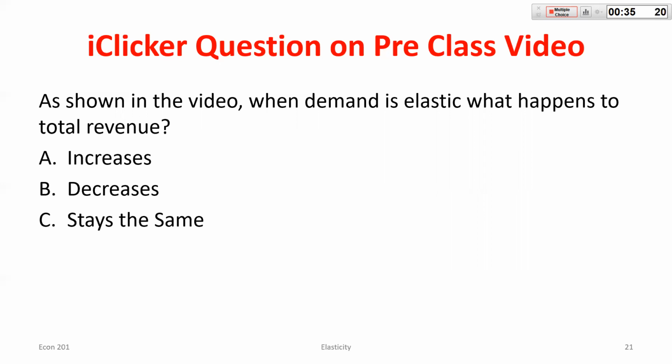But when I lower the price of a good, I sell more of them. So that's going to increase quantity, which will increase total revenues. But what's going to happen overall if I know that demand is elastic? That decrease in price, whatever percent change that was, if it's an elastic good, I know that the percent change in quantity demanded would be greater, right? So think about what would happen to total revenue.